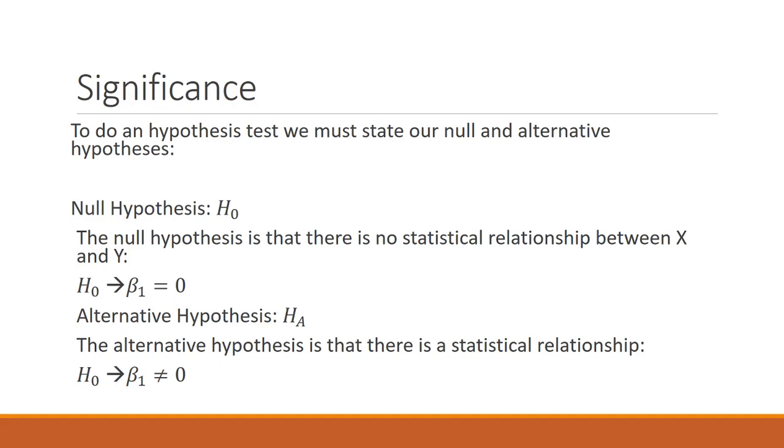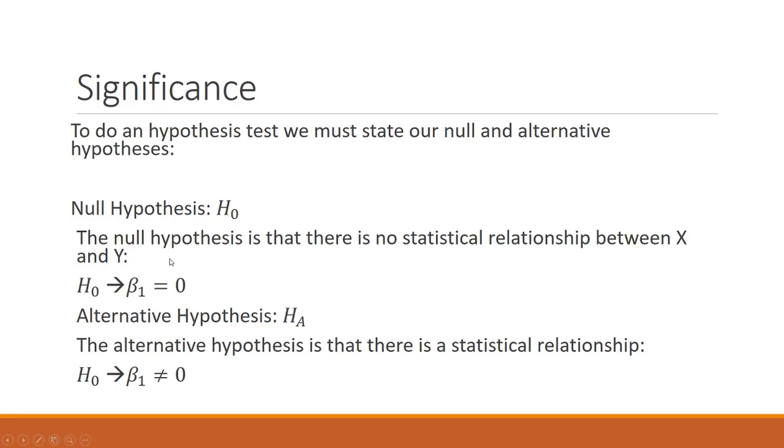So our null hypothesis, when we're looking at our regression analysis, our simple linear regression, is that there is no statistical relationship between the independent variable and the dependent variable.